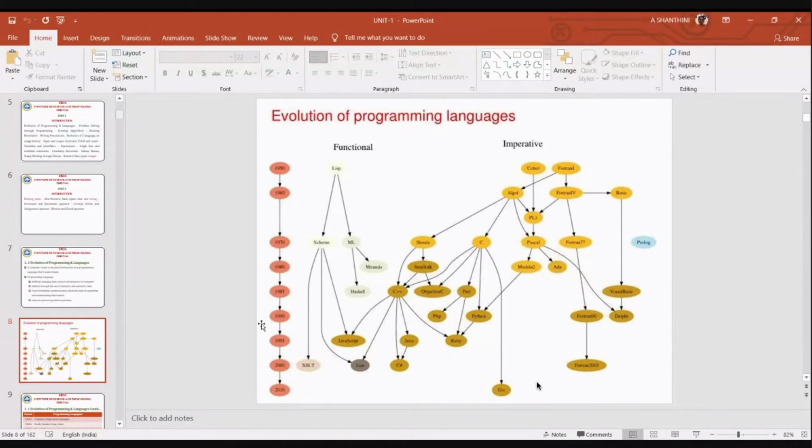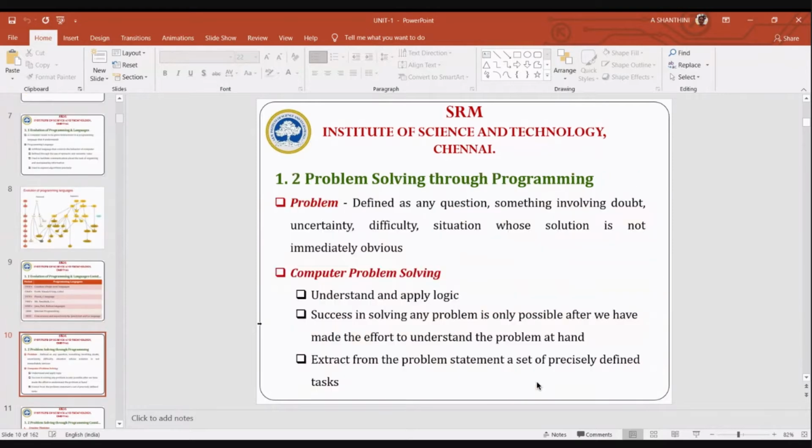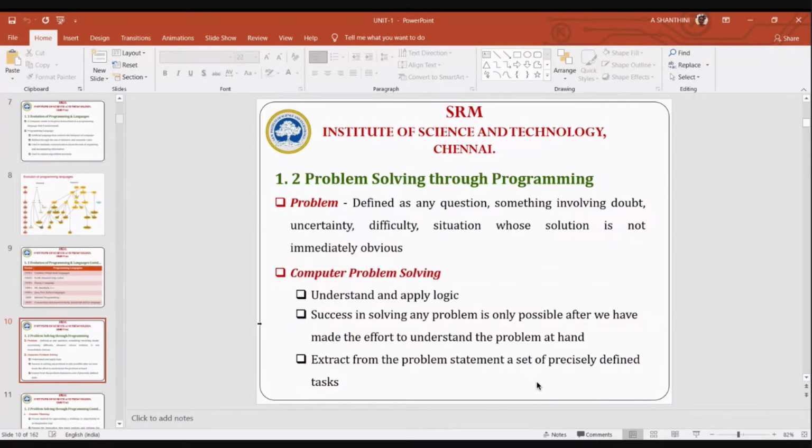That is what has been given here: in which period of time, which programming languages evolved. You can go through the PPT that I have posted in the GCR. Now here comes the beginning of the need for this language. So what is the need for programming?